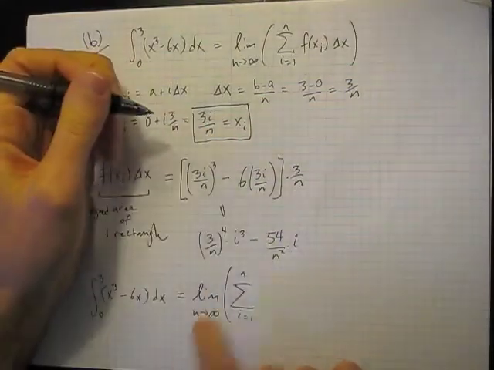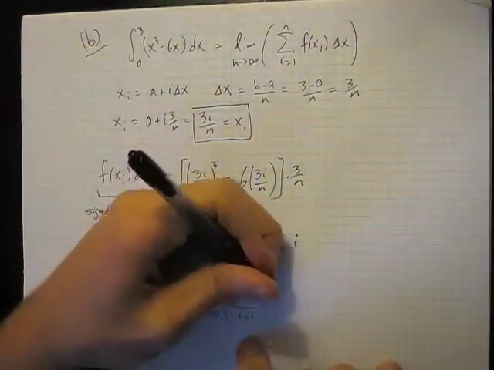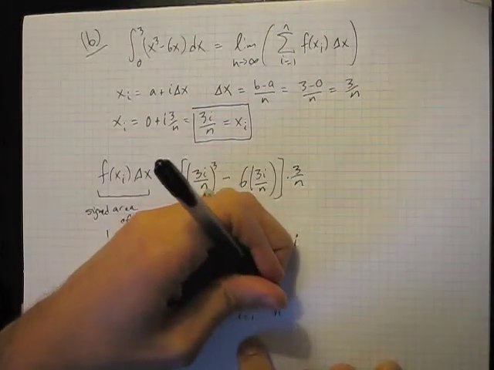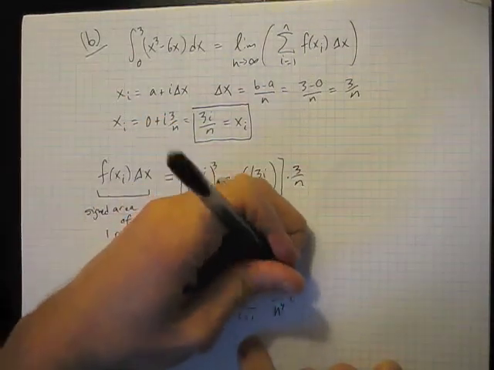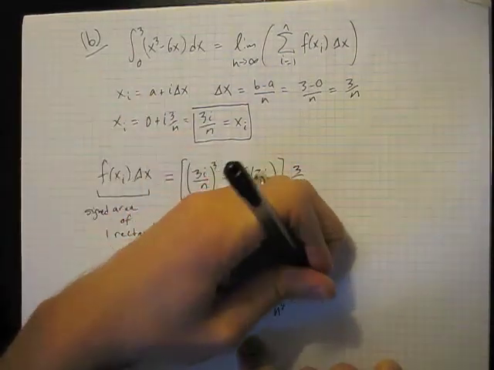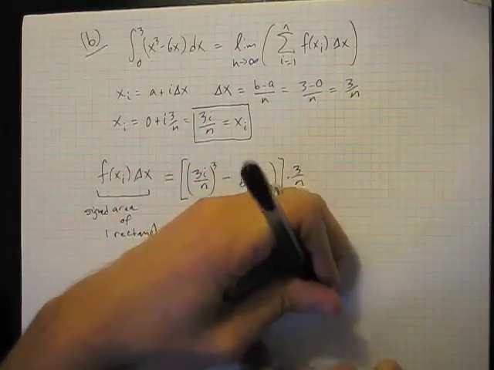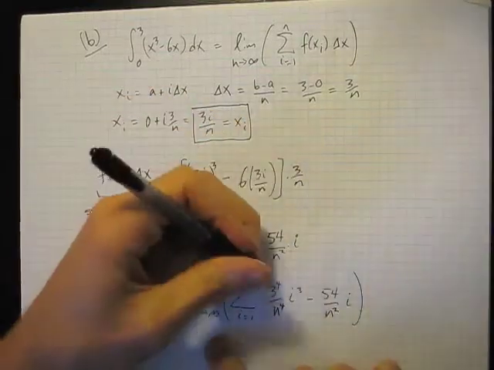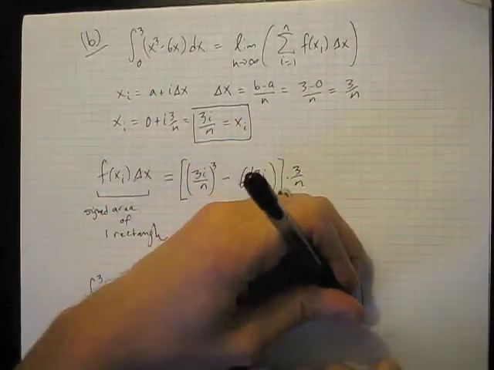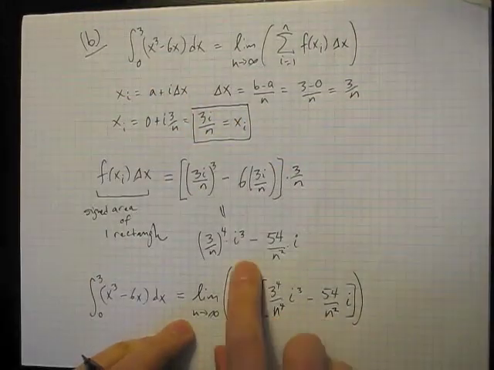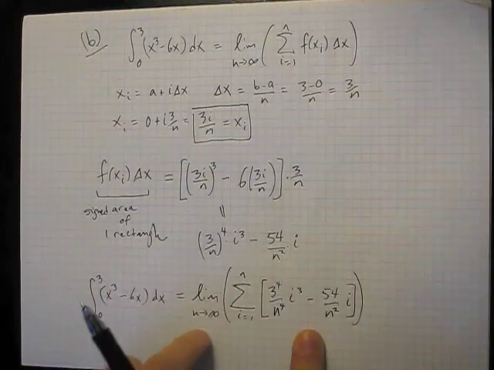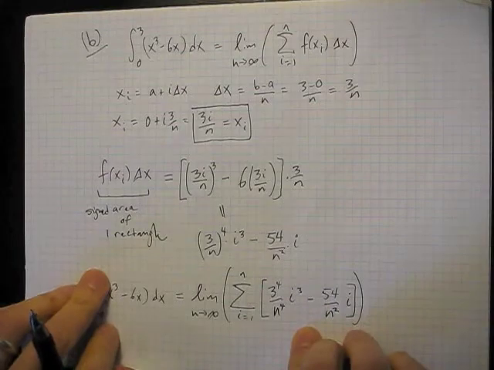So we've got 3 to the 4th over n to the 4th times i cubed minus 54 over n squared times i. Okay, so all of this is meant to be accounted for in this summation, and then once we have an expression for this, we can worry about taking the limit of that later. Okay, so let's do that.